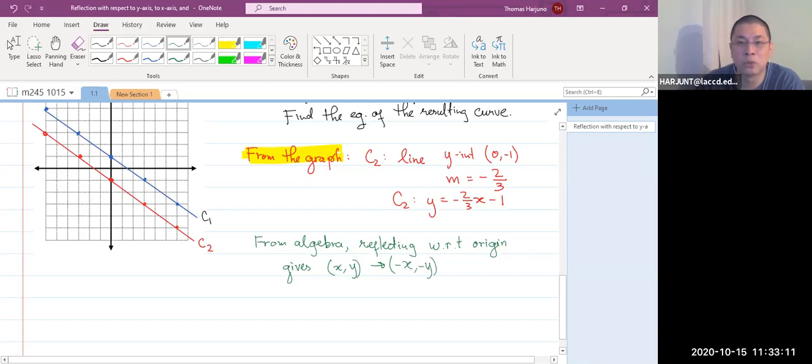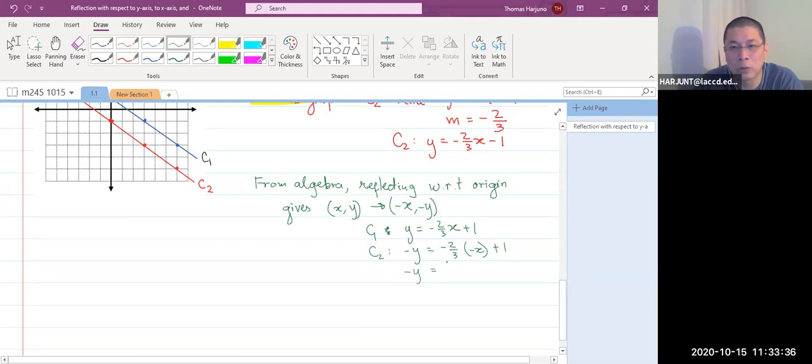Is that right? So if C1 is y equals negative 2 over 3x plus 1, then for C2, I change y to negative y and x to negative x. I get negative y equals 2 over 3x plus 1, divided by negative 1: y equals negative 2 over 3x minus 1. Notice that this is exactly the same as what we had earlier when we did it by graphing.